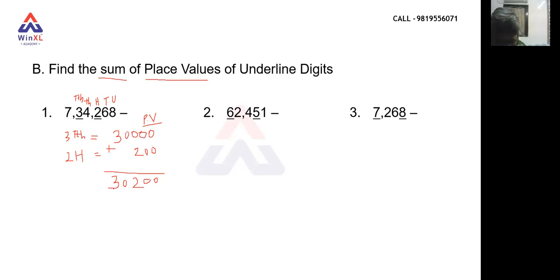Okay. So it is at 10 place and it is at 10,000 place. So I am now writing the place values directly.